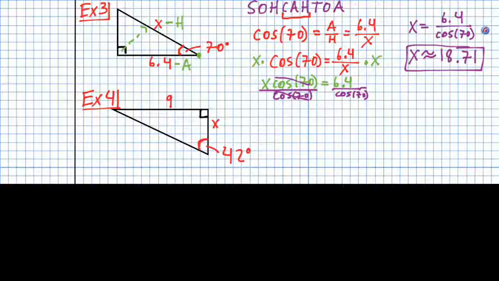Okay, so our last problem, we're going to do one more. We've got our angle here that we're working with, which is 42 degrees. And then we have our x, and our x is a segment which is touching 42 degrees. So that's going to be an adjacent side. And then 9 is going to be the opposite side.